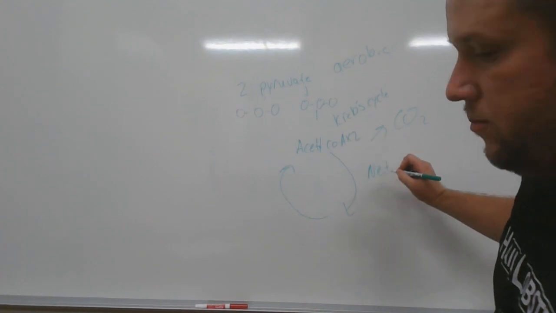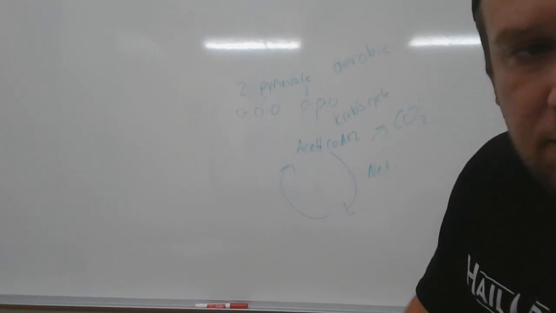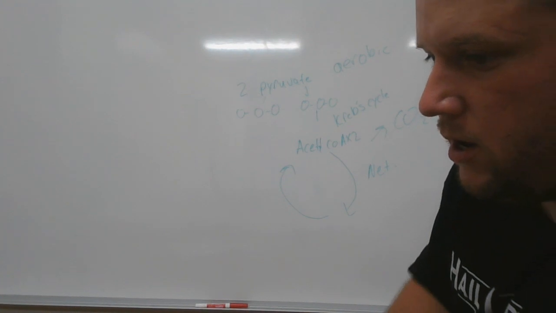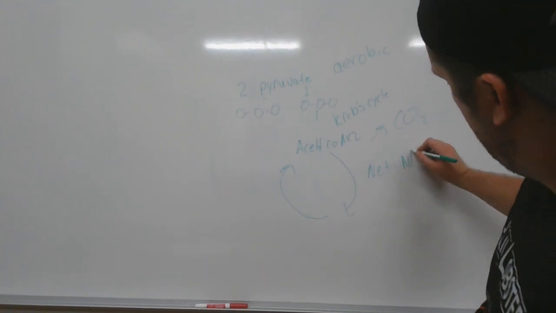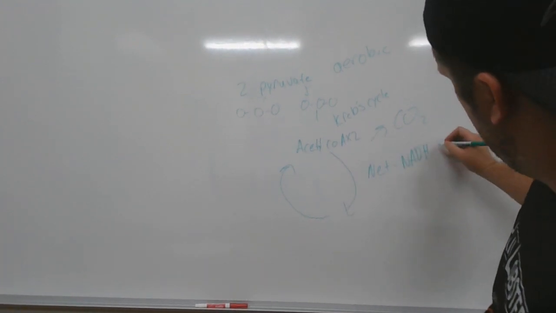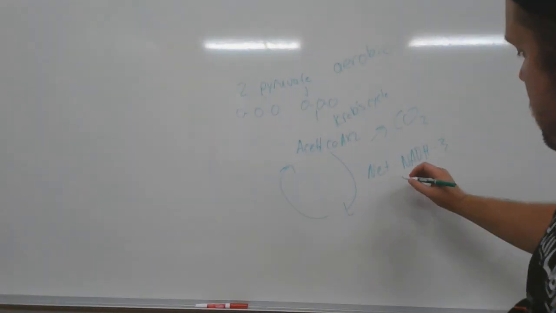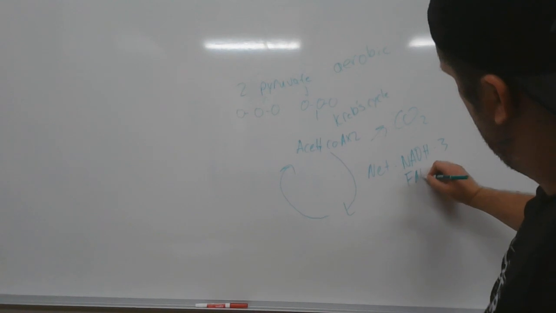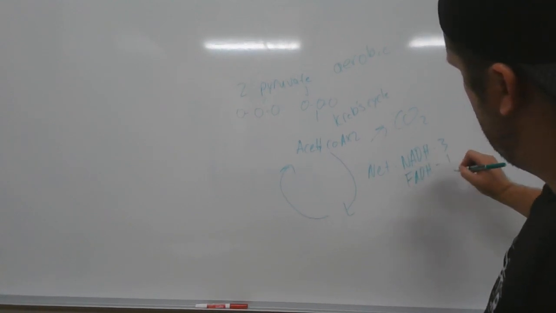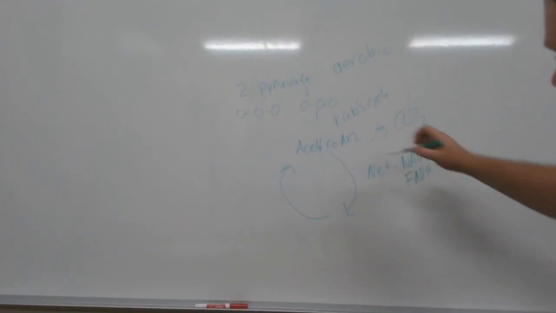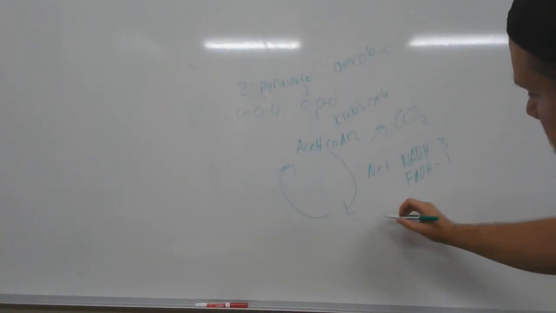your net product in terms of electron transporters is 3 NADH, and with FADH you get 1. That happens twice with each pyruvate.